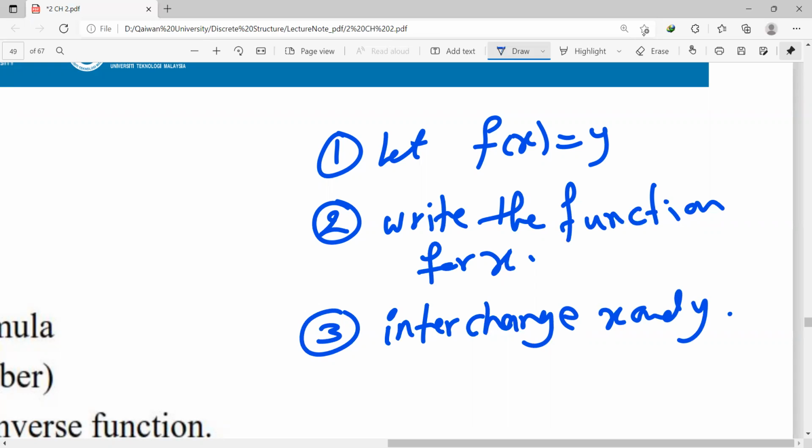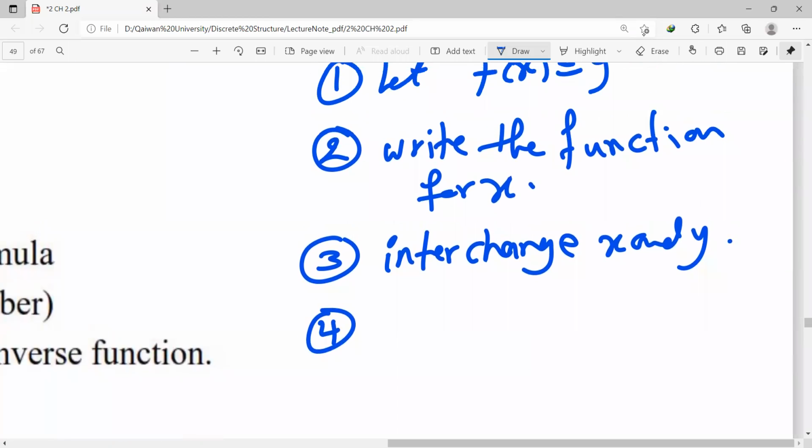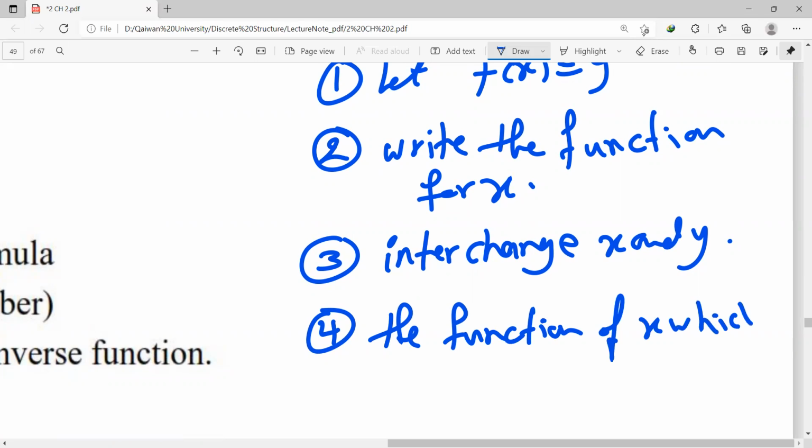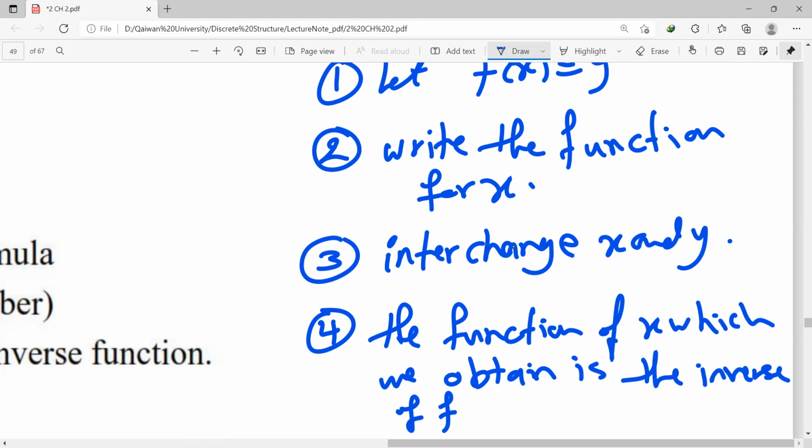The function that we get, in step 4, is f inverse of x, which we obtain as the inverse of f.